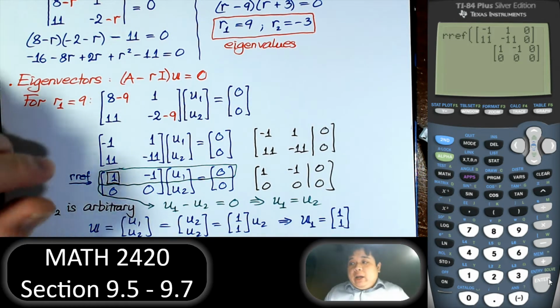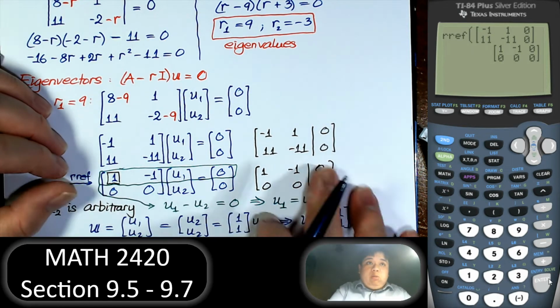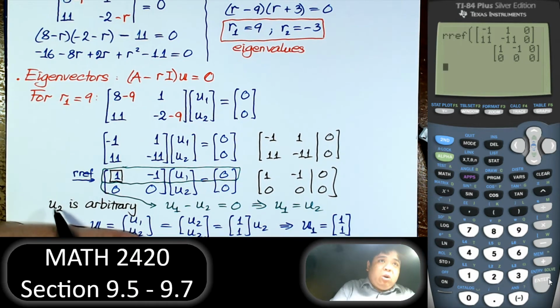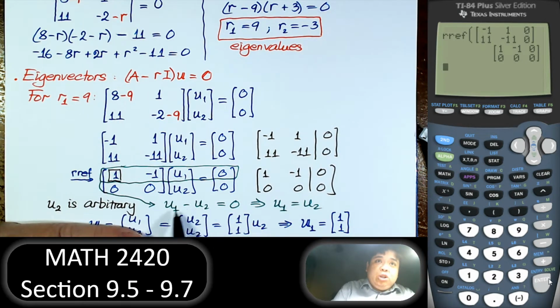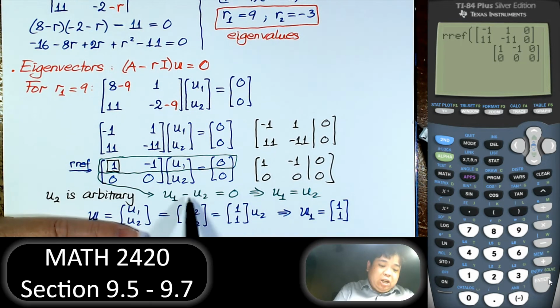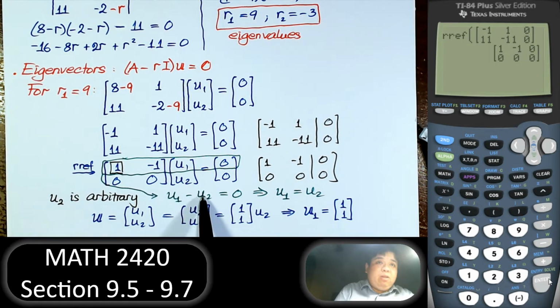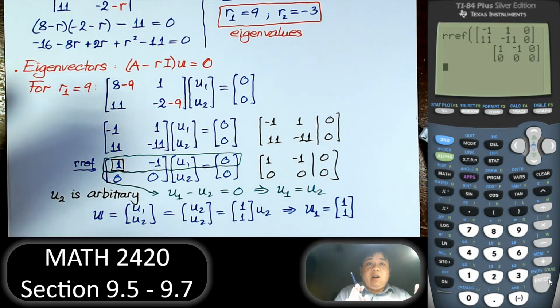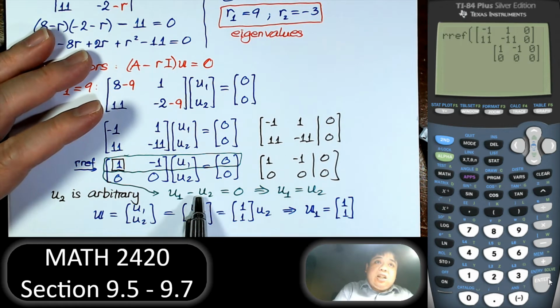By the way, if you take linear algebra, you probably do not do any of these steps. For the arbitrary value, you can choose something that makes it nice and even. You can choose U2 to be 5, then U1 is 5, and the eigenvector is 5 and 5. That is perfectly fine. Here I just wrote it as arbitrary.